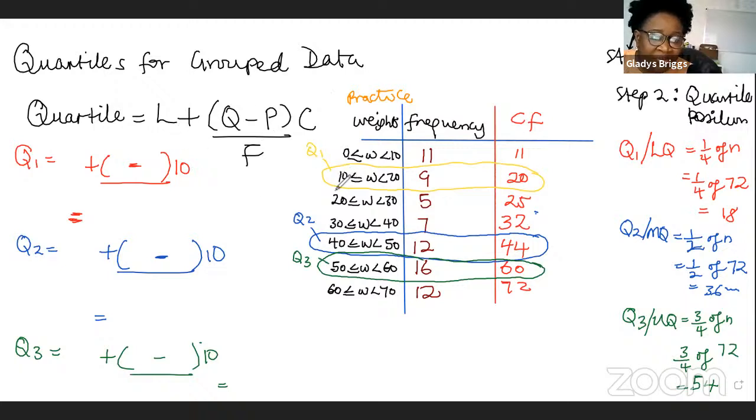What's the lower limit of the quartile class for quartile 1? 10, plus the quartile position, 18, minus P, the preceding class cumulative frequency, which is 11, over the frequency, 9. So what did you get when you put that into your calculator?